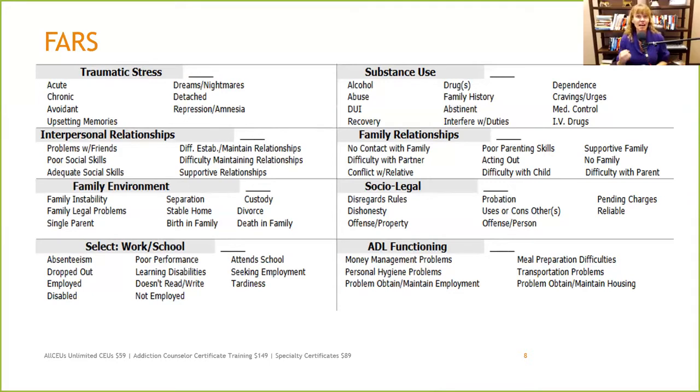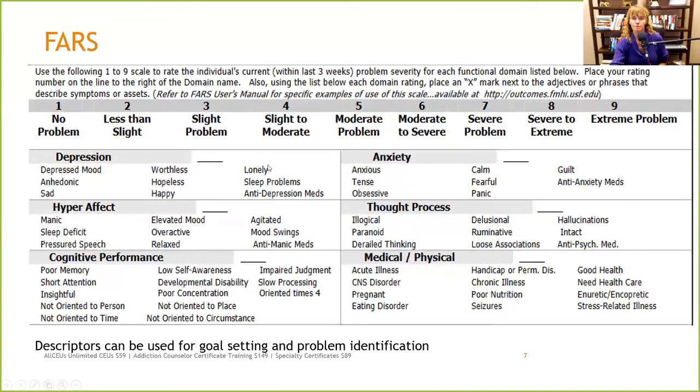And it identifies sub-goals. So for example, with depression, if the person had depressed mood, had feelings of worthlessness, hopelessness, and sleep problems, then we can look at that and we can say, all right, for addressing the depression, to look at your depressed mood, that's a sub-goal.